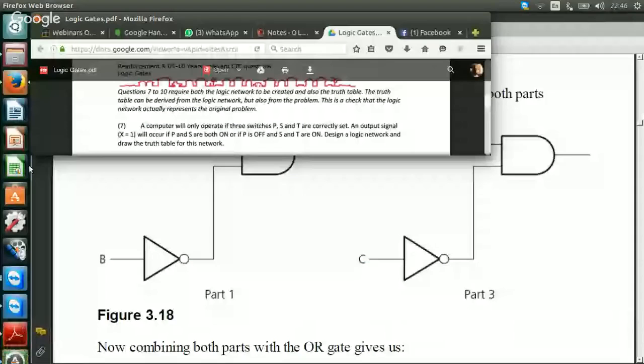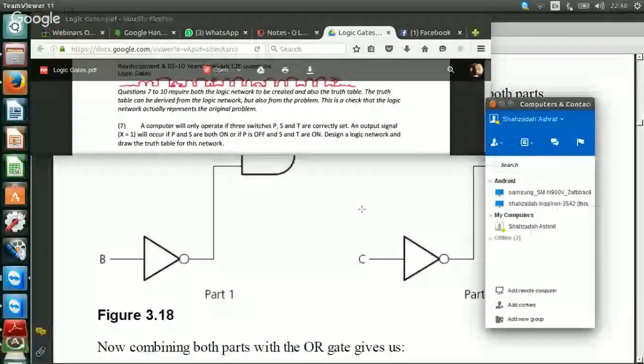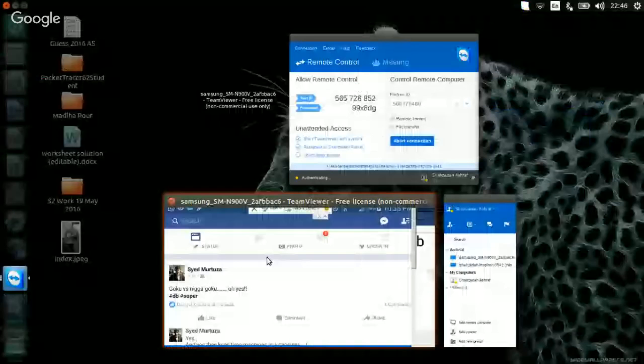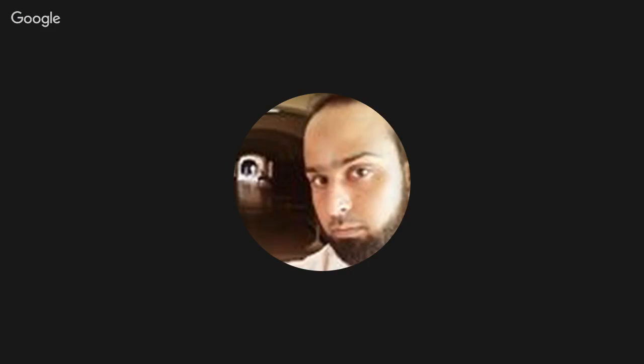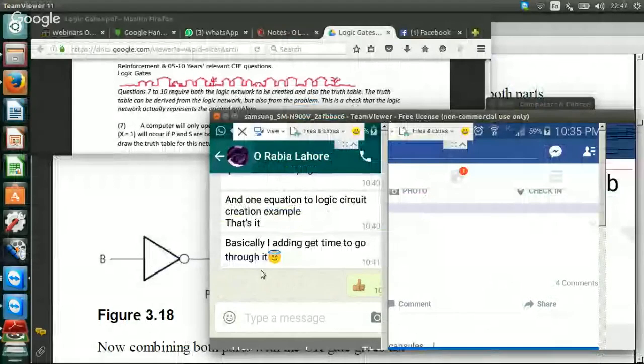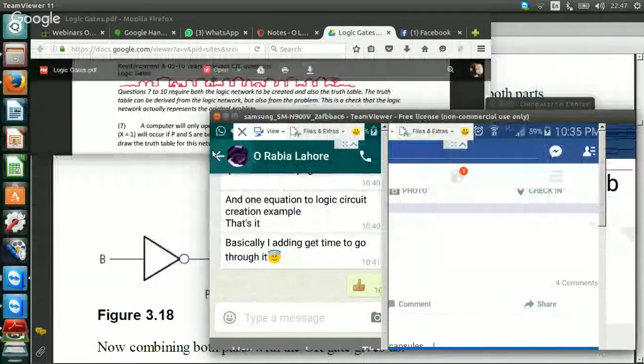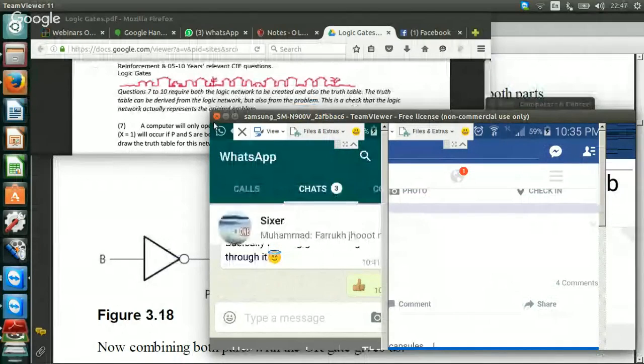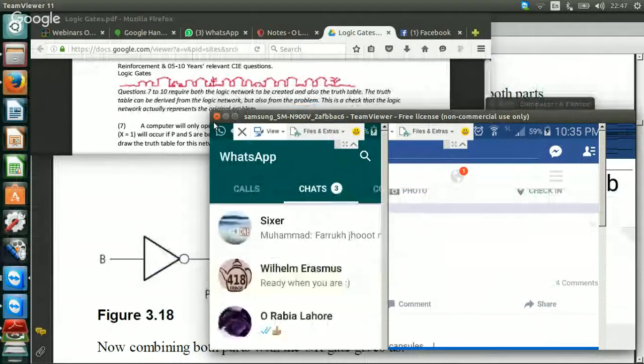Here's my screen. There we have. Sorry. Stay with me. I'm here. I'm not gone. I'm just looking into my screen, my share screen.